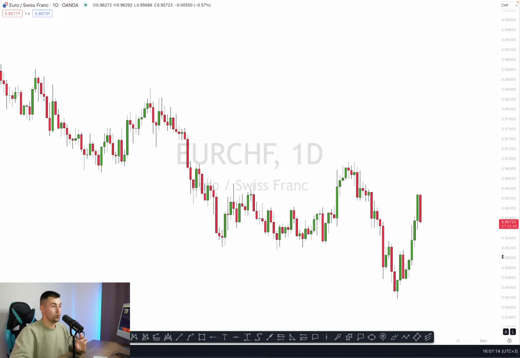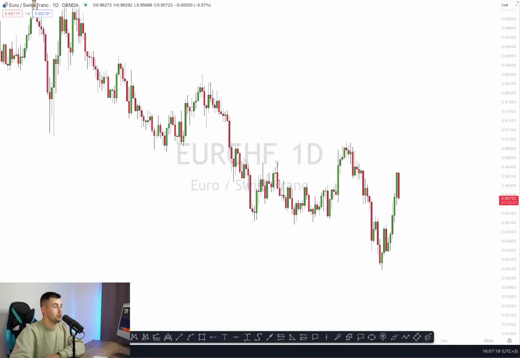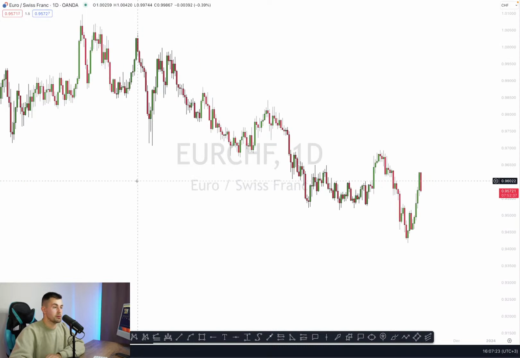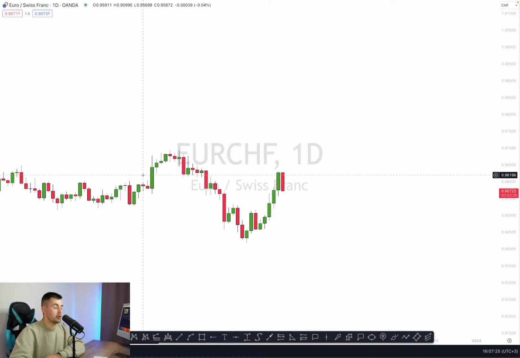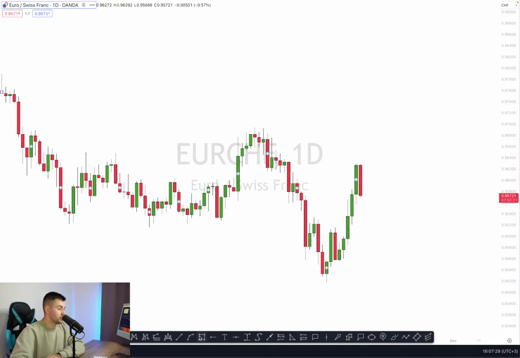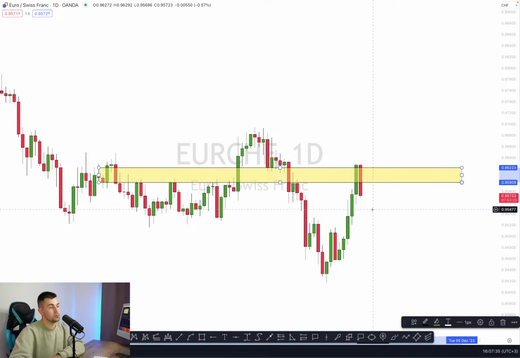EURUSD pair. What do we see on EURUSD pair on a daily? Yeah, definitely strong bearish trend. We are trading in a strong bearish trend, and it feels like here we got a false breakout. Take a look, traders. Feels like here we got a strong horizontal resistance.